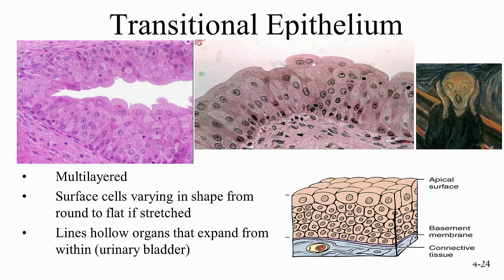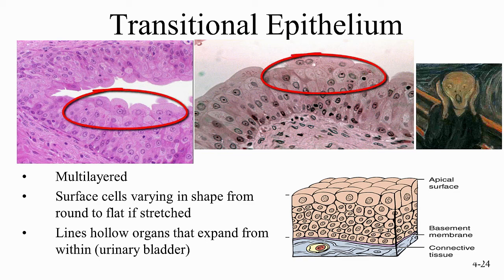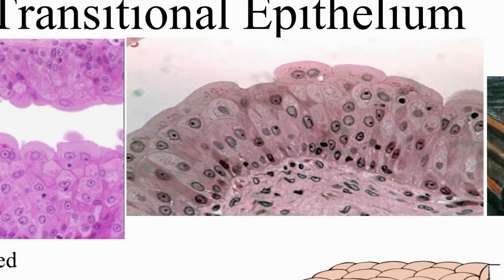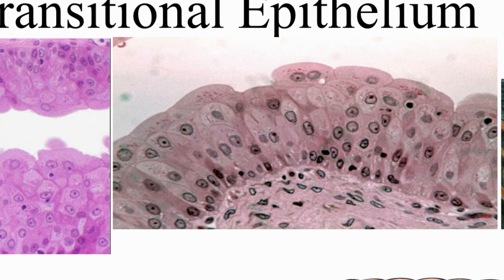And here's the transitional epithelium I was talking about. If we look right here, you can see that it looks kind of like poofy marshmallows. Now, one thing I want you to take a look at is, and let me just draw this out.